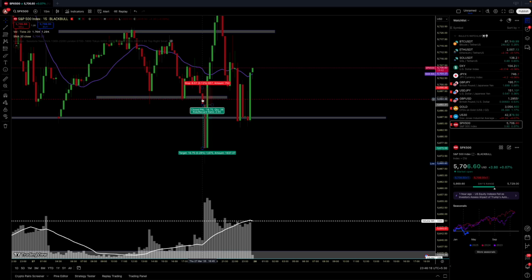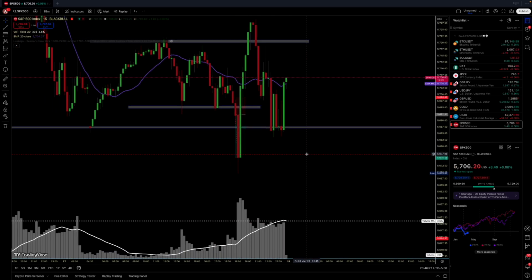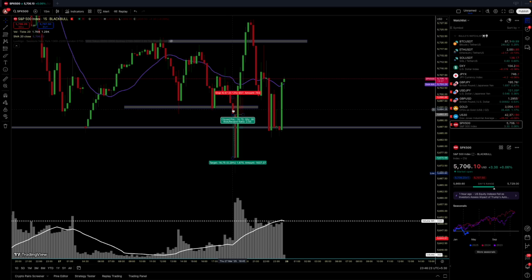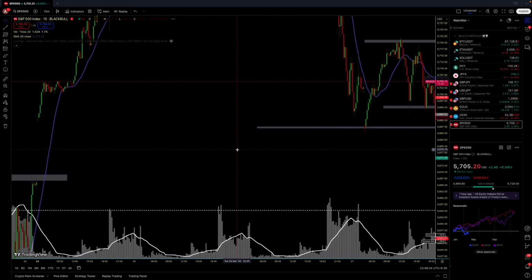This is a 15-minute time frame. In the 6:45 candle, we got a candle which broke this support and closed below it.